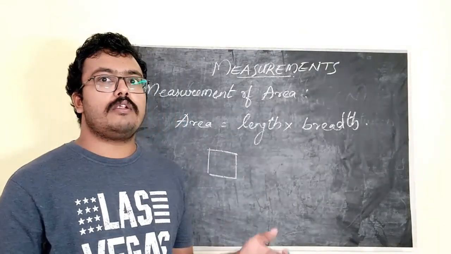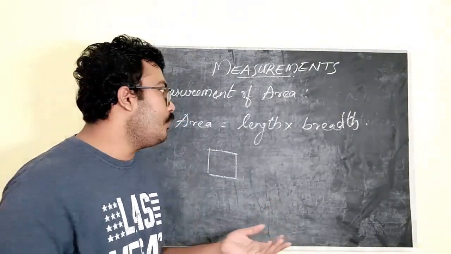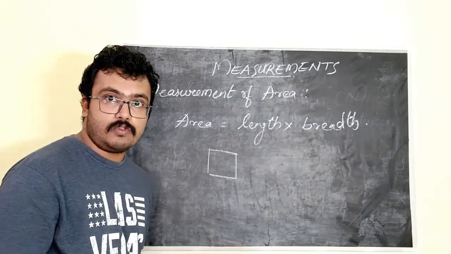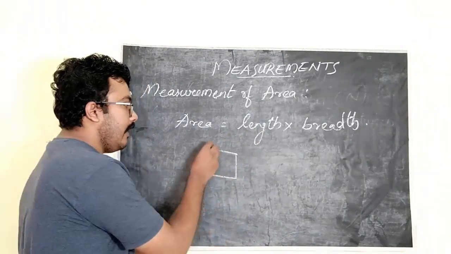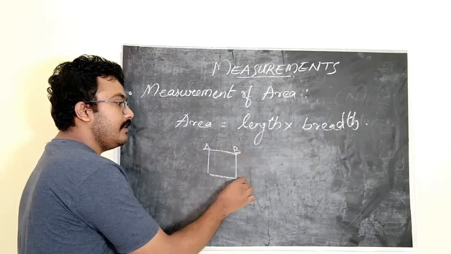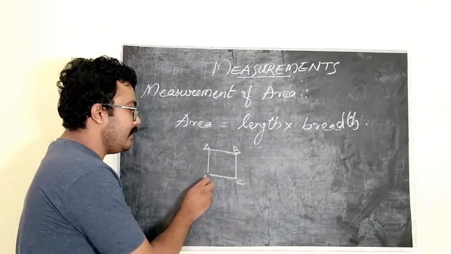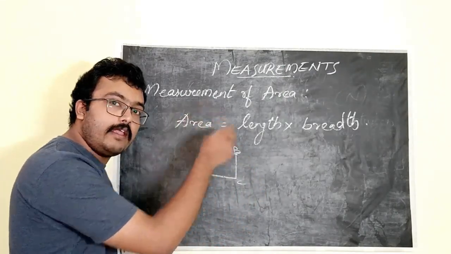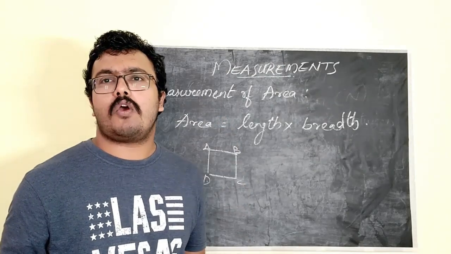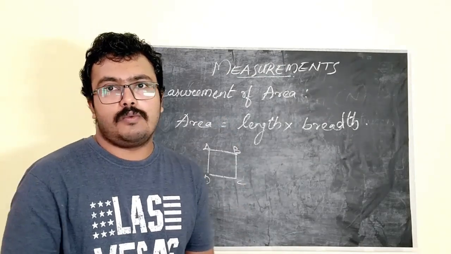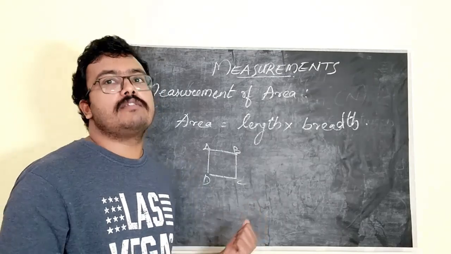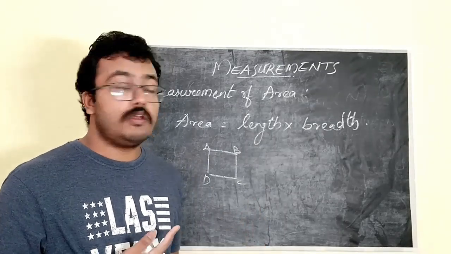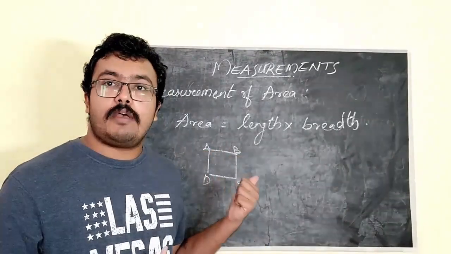So what does this mean? Now you don't have a length and breadth. You have only sides. So AB is a side, BC is another side, CD is another side, and AD or DA is another side. You can name them as you like, it doesn't matter. Only the sides matter, and the area also matters.